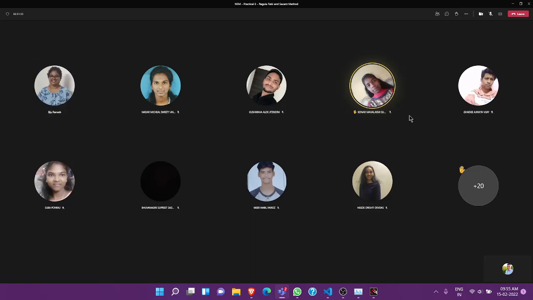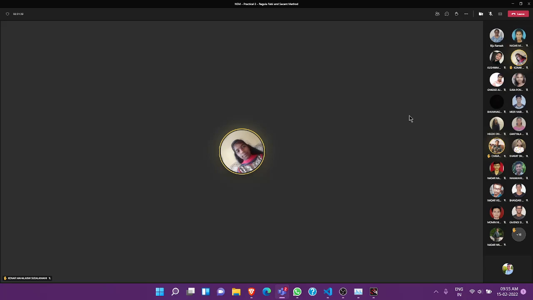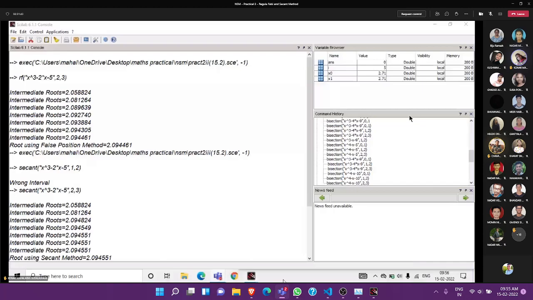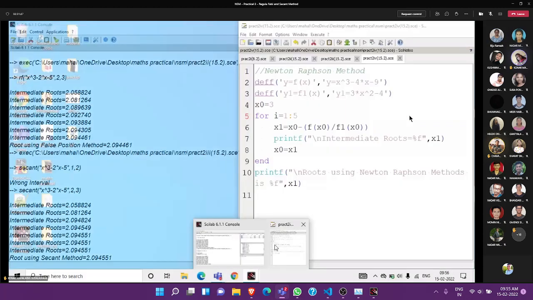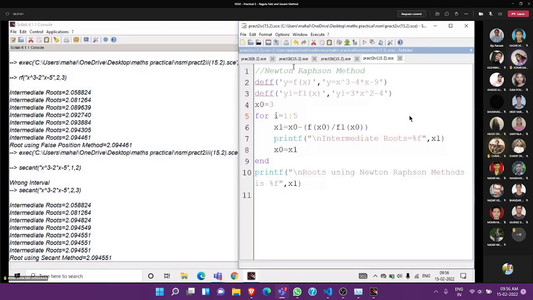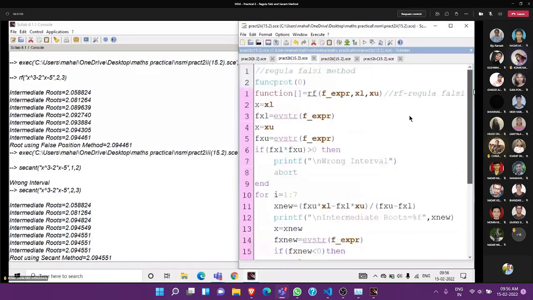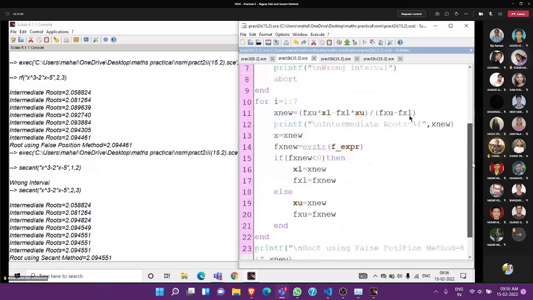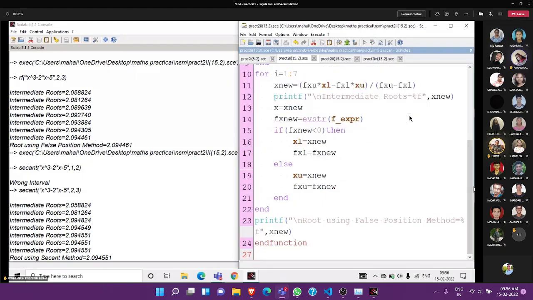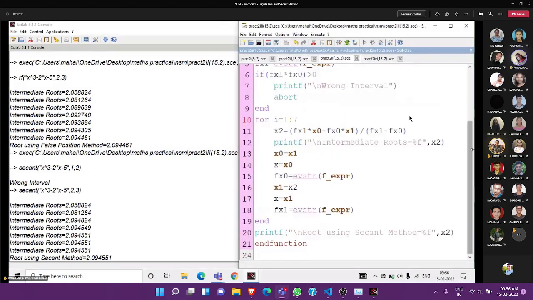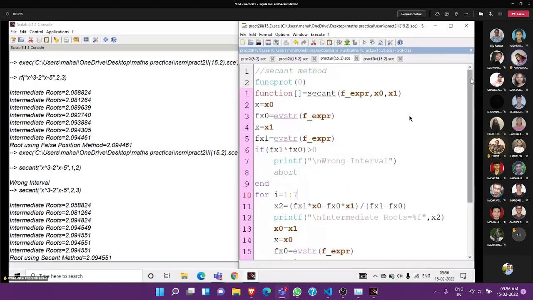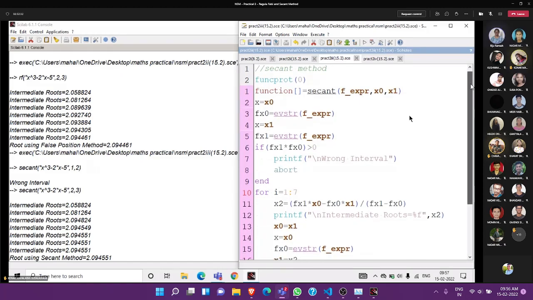Yes, Mahalakshmi. Share your screen. Can you see, ma'am? Yeah. Come down. Show the for loop. Fine. Next. x0 is equal to x1, x0.